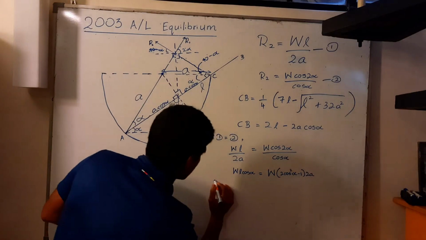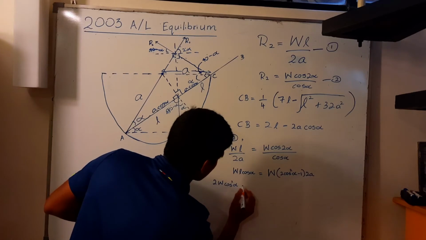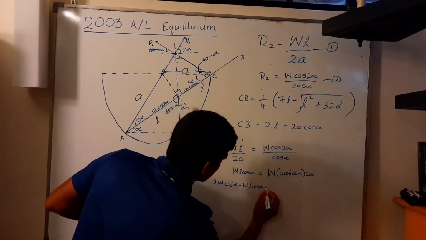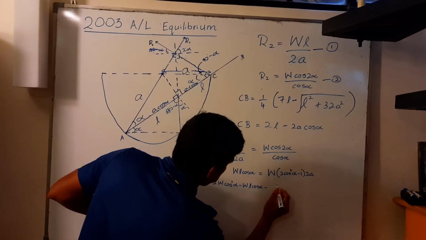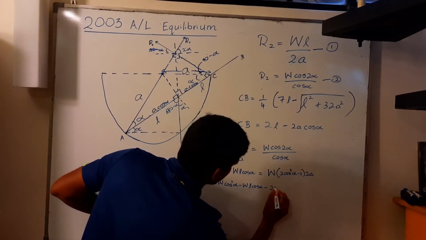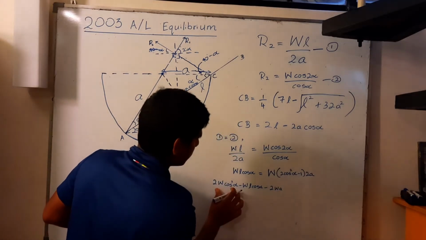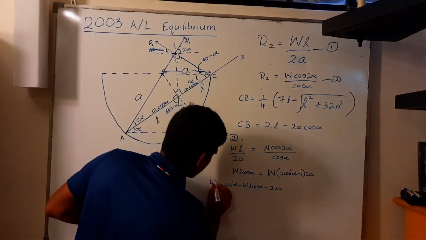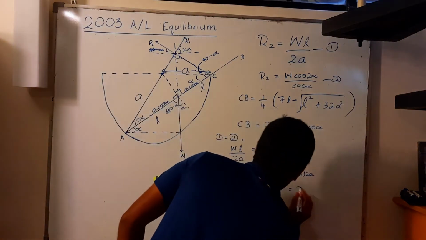So then it will become 2W cos squared alpha minus WL cos alpha minus 2WA. Sorry, this should be multiplied by 2A as well, so it will become 4WA cos squared alpha equal to 0.